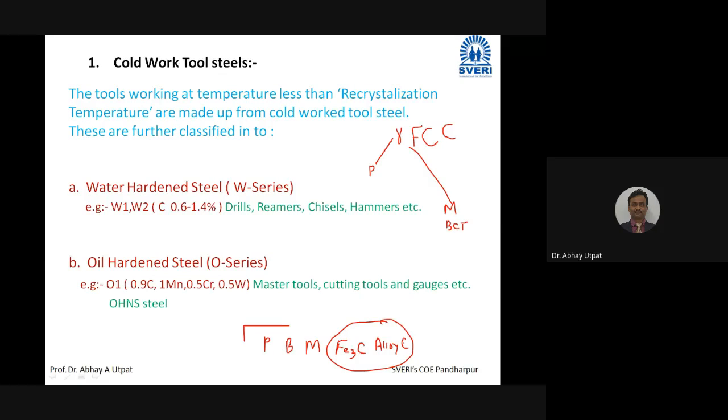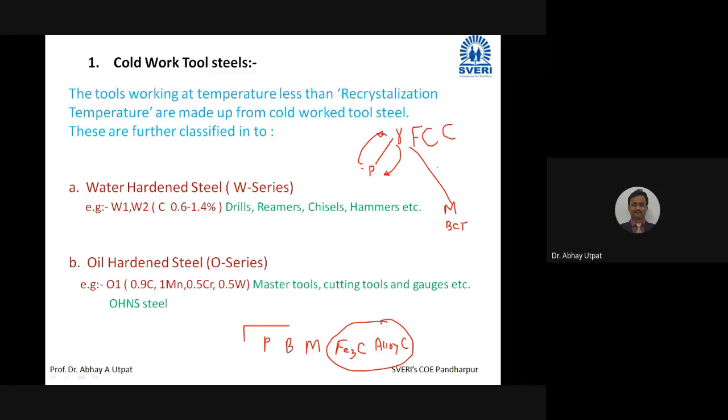In normal circumstances, remember, look at this upper cycle: perlite to austenite, and if you cool fast, it will give martensite. But if you cool slowly in air, again it will give perlite. See, on the upper side I am explaining perlite to austenite by heating.